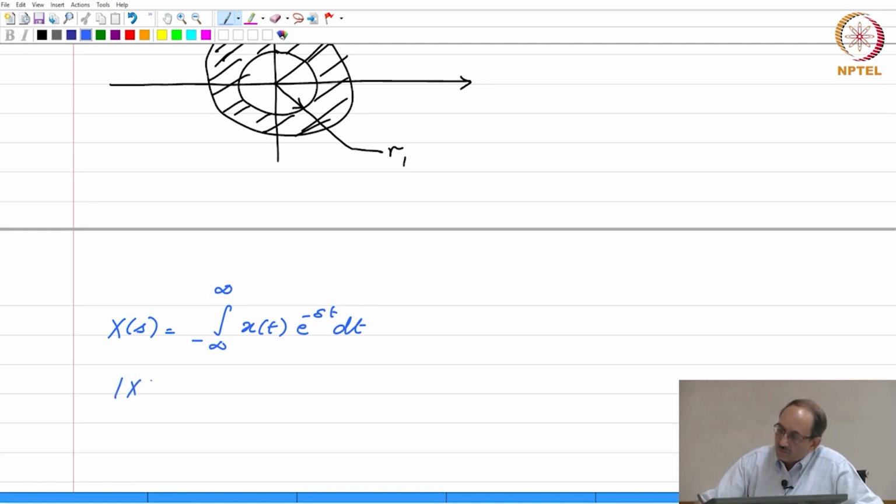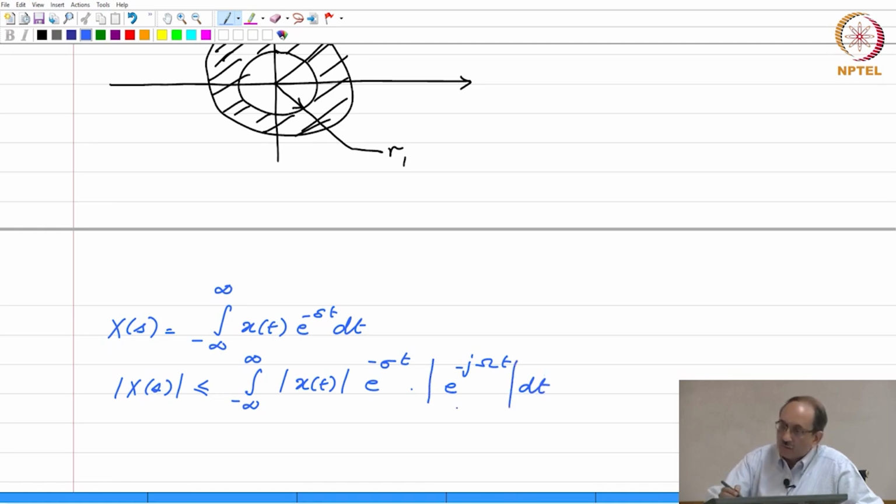Therefore, you required this to be less than or equal to the integral of mod x of t, and this was written as e to the minus sigma t e to the minus j omega t.